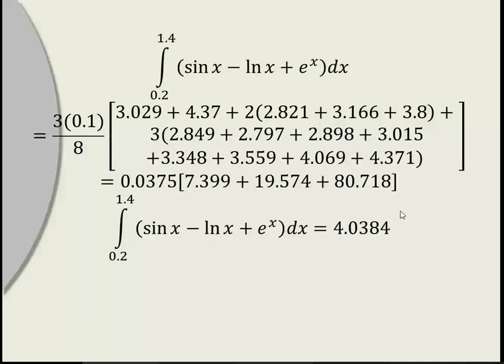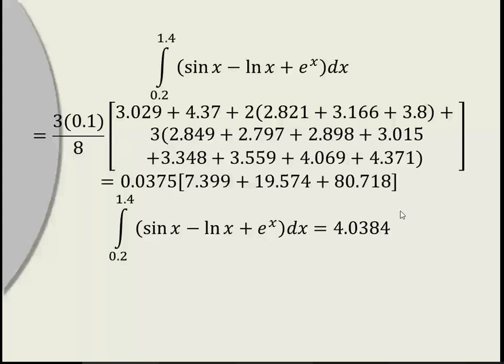Simpson's 3/8 is used only if the value of n is a multiple of 3. If we have even values of n, then Simpson's 1/3 is used, and there is no restriction for the trapezoidal rule. If you have an even multiple of 3, that is 6 or 12, then all 3 rules are applicable.